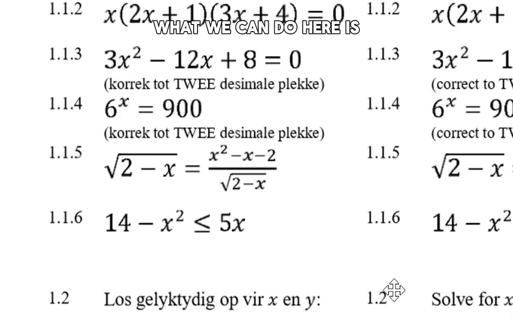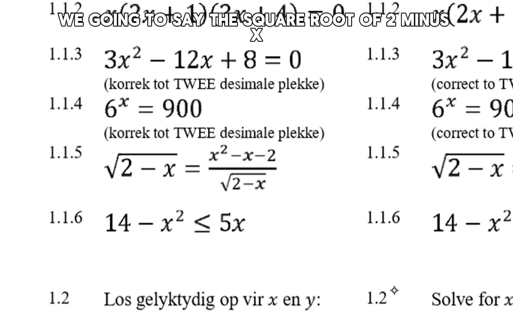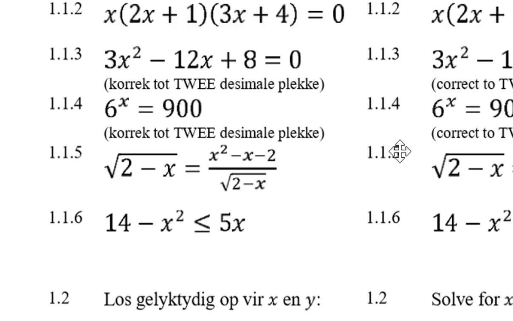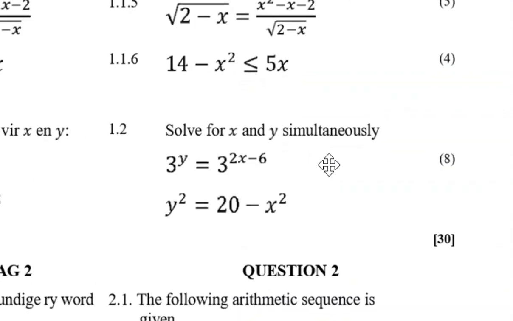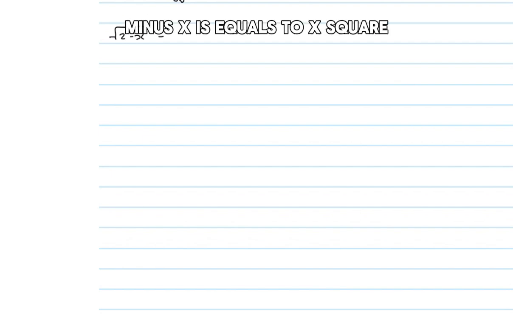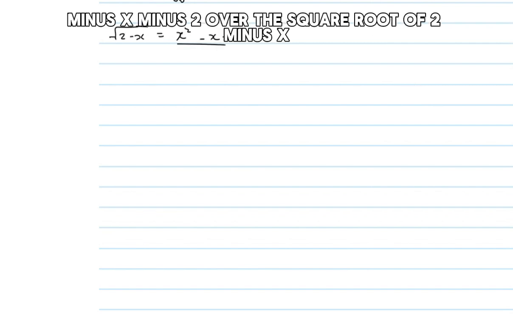What we can do here is, we're going to say the square root of 2 minus x, square root of 2 minus x is equal to x squared minus x minus 2 over the square root of 2 minus x.